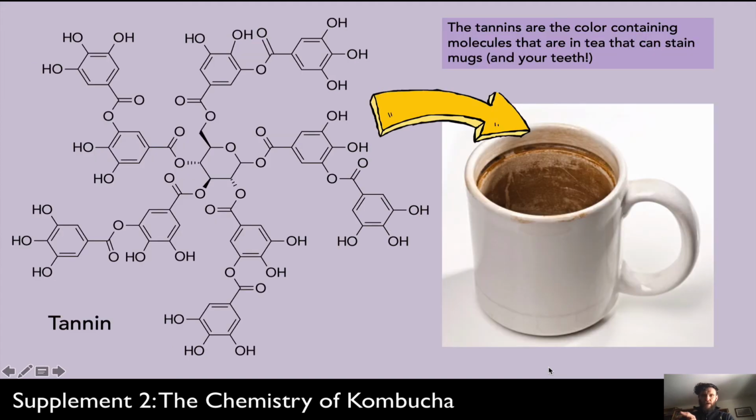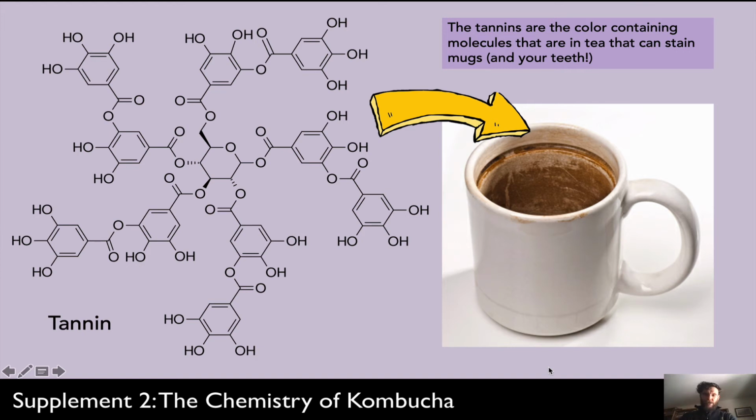So what is a tannin? Well, a tannin, because of all these aromatic compounds, is often colored because it absorbs light in the visible spectrum. And these tannins are the color-containing molecules that are in tea. They can stain a tea mug. If you let a tea mug sit on the side of your bed table, I'm sure you haven't, because nobody in this class would ever do that, of course.